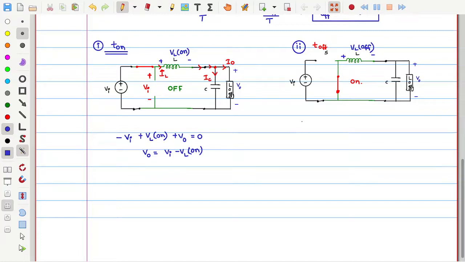Now in this duration, what is going to happen? These things you need to analyze. This is the inductor current IL, this is the capacitor current IC, and this is the output current I naught. Now try to observe, as I told you in the last session, that the inductor current does not change instantaneously. So current needs to flow in the same direction as just before the switch off operation.